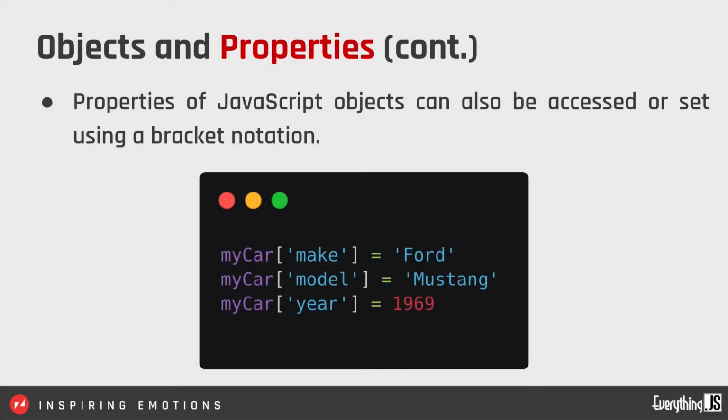You can also assign and access object properties using bracket notation. Within the brackets, you define your key, and you can assign a value for it. In that case, objects are kind of called associative arrays.